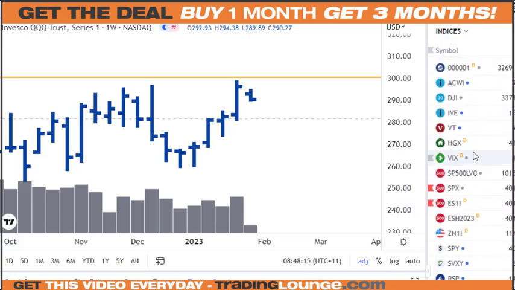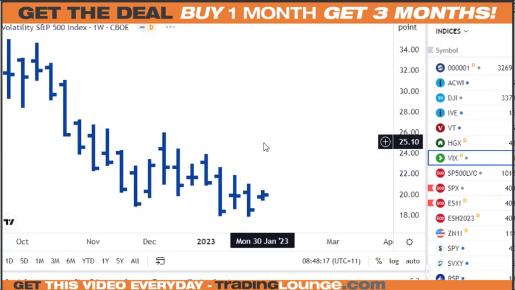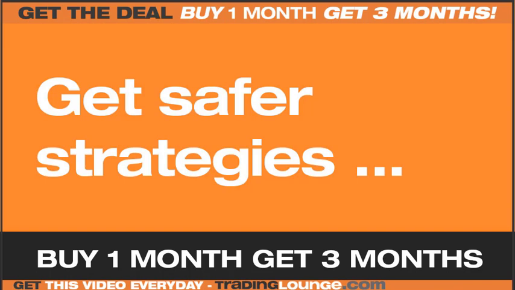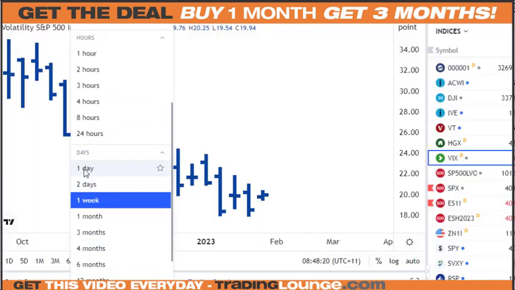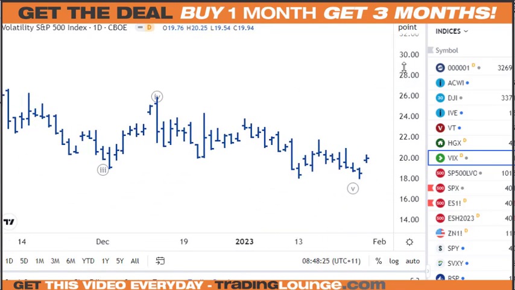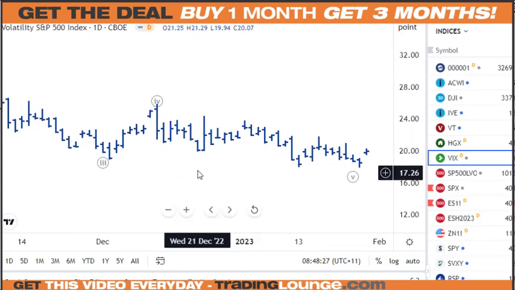I wanted to have a look at the VIX. This is a weekly chart, so I'll go to the daily chart. The VIX has jumped about 7 or 8%, which has helped that market push to the upside.